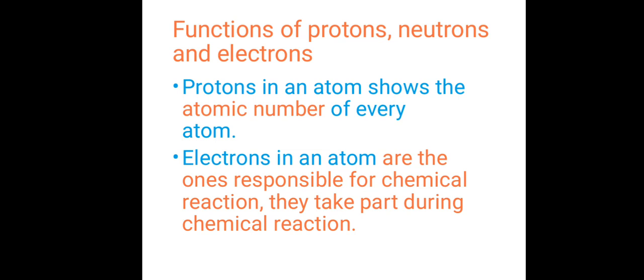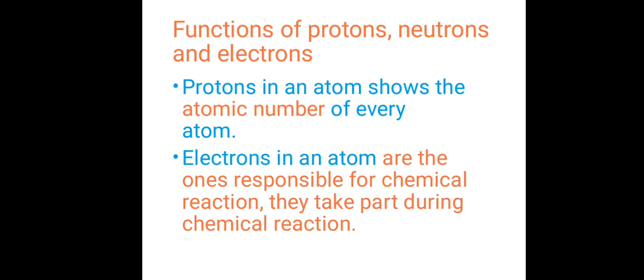Let's move to the next particle, that is electrons. Electrons in an atom are the ones responsible for chemical reactions. They take part during chemical reactions. When we will be seeing the reactions, the electrons are the ones which are involved, whereby we can have electrons which can be shared.